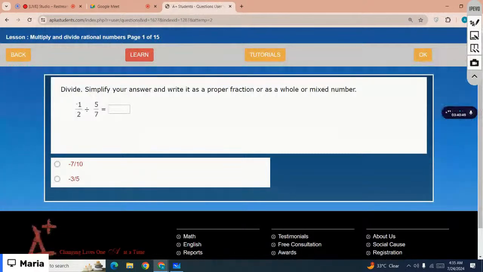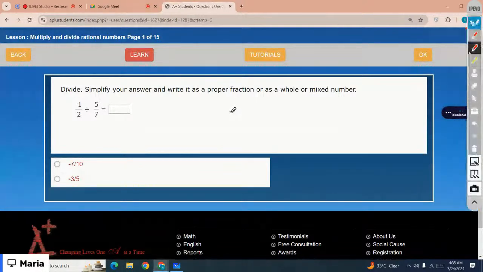Divide negative 1 over 2 divided by 5 over 7. So one of the numbers is negative, right? So you have to apply the rule: when dividing, if one of the terms is negative, the product is negative.